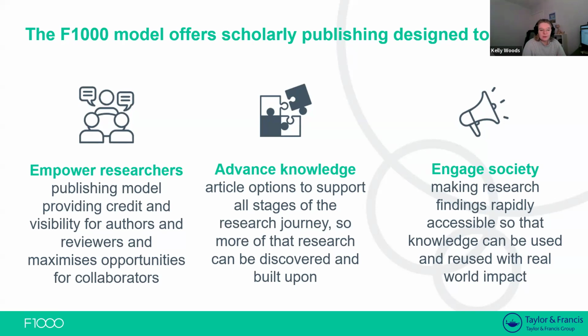And this maximizes the opportunity for collaborations, as well as a post-publication peer review model. So we publish the article first and then go through peer review. So this allows the early sharing of this content. And hopefully we can advance knowledge faster by sharing the research earlier.